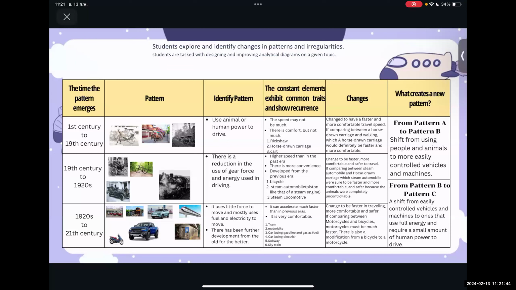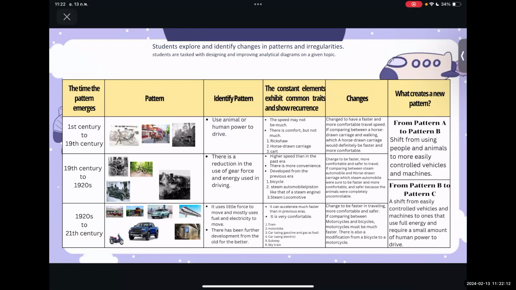The constant element exhibits a common trait and shows recurrence: it can accelerate faster than in previous eras and is very comfortable, such as the tram, motorbike, car using gasoline, and electric car or subway train. They tend to be faster in traveling, more comfortable and safer.